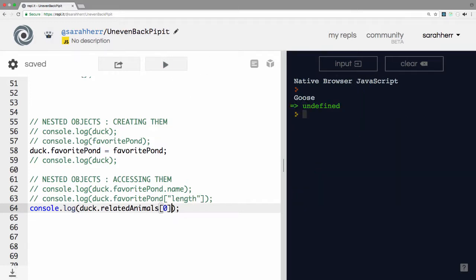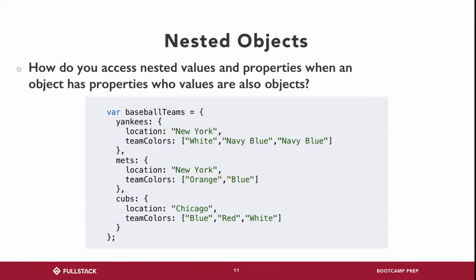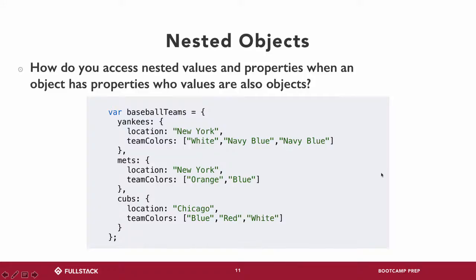And if you have an object within the array, you know, dot bracket notation, it can be as nested as you want. Any questions on nested objects? Okay, cool. I'm going to stop this.